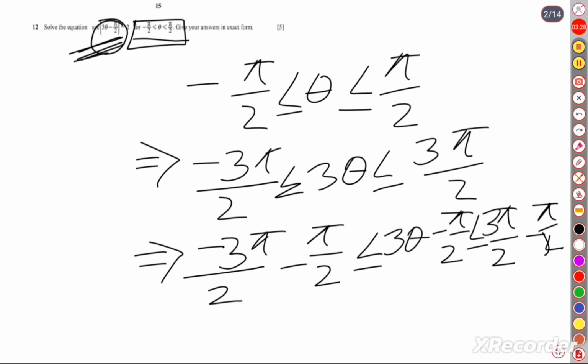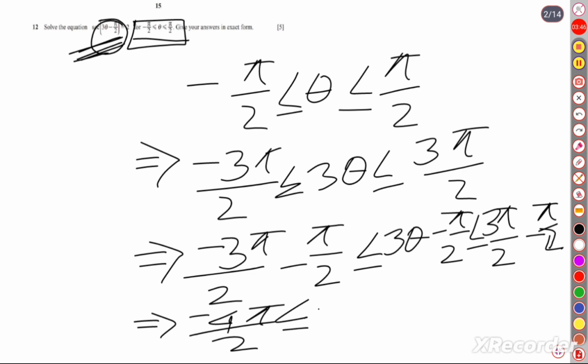If we simplify, the left side is −3π − π, that means −4π over 2.